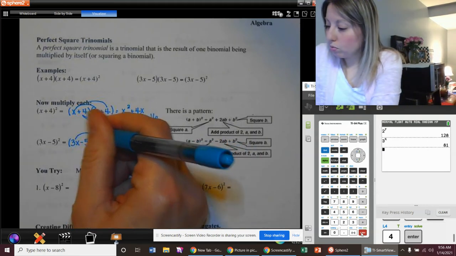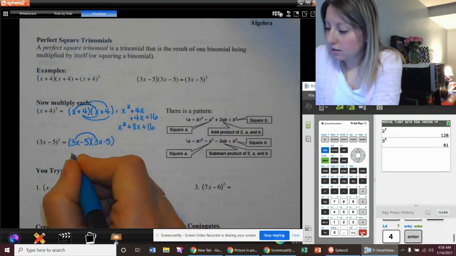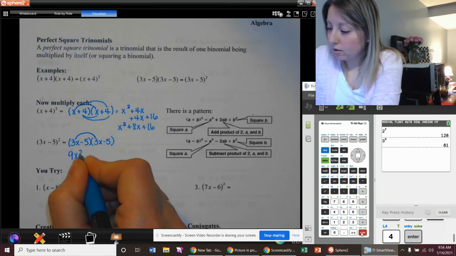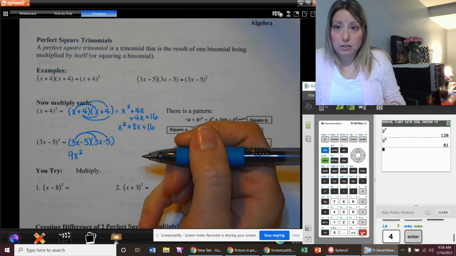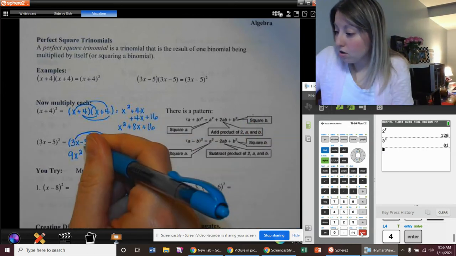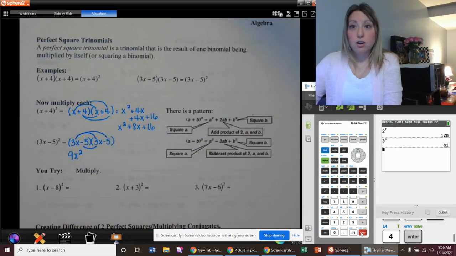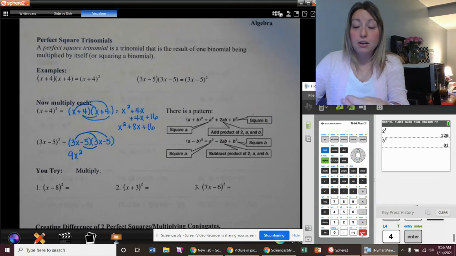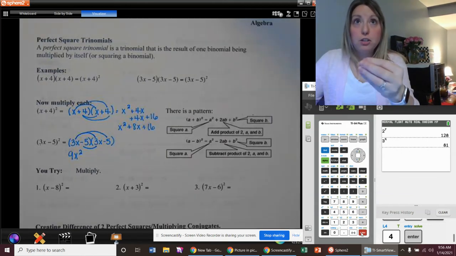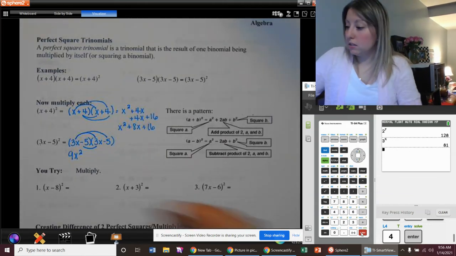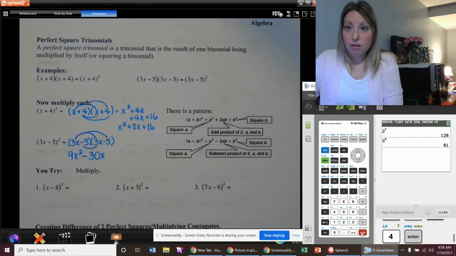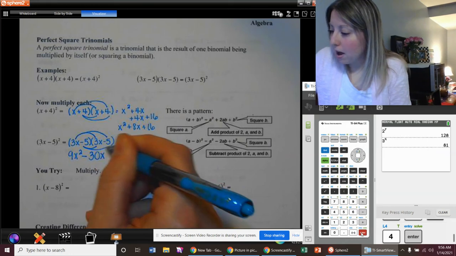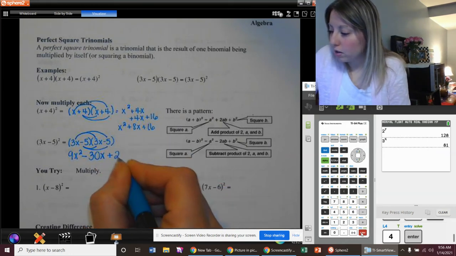So 3x times 3x is 9x squared. 3x times negative 5, well, that's negative 15x. And then notice I'm going to get another negative 15x right here. So I can just do that quick in my head. Negative 15x times 2 is negative 30x for the middle. And now negative 5 times negative 5 is positive 25 at the end.